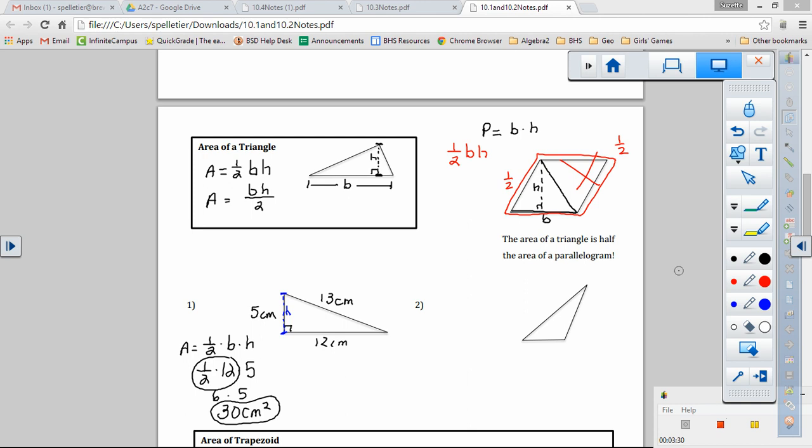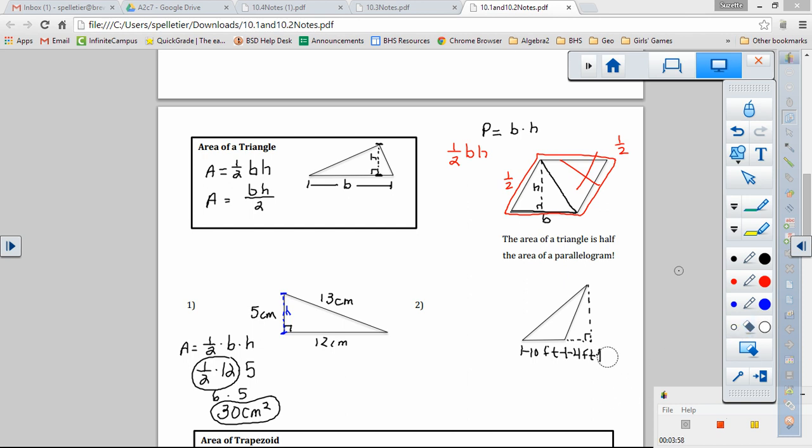All right, let's look at the second example. I have a base of 10 feet. I have this segment and this segment. This piece is 4 feet. So 10 to there, and then 4 to there.